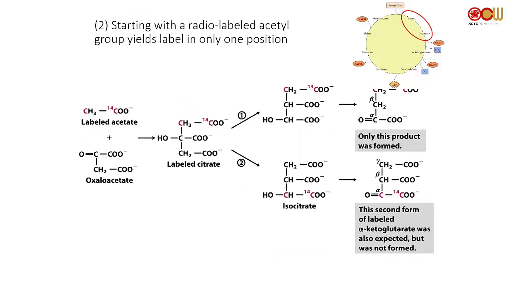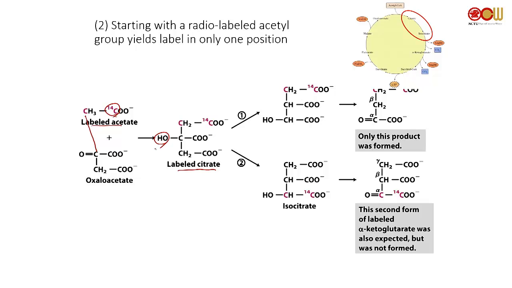It turns out if you start by radio-labeling your acetyl-CoA group, let's say we feed acetate and acetate becomes acetyl-CoA, and you label the acetate at the carboxylic acid part, then the bond forms between these two, and you generate a labeled citrate. Now you do aconitase, so you change the OH onto a different carbon.